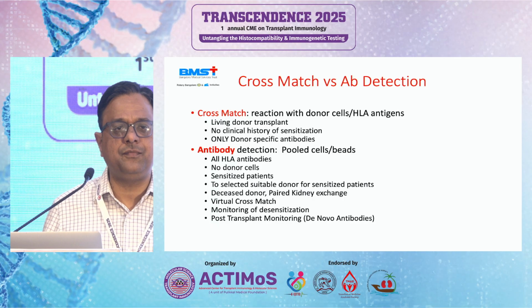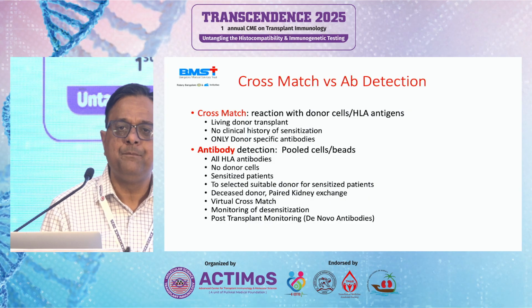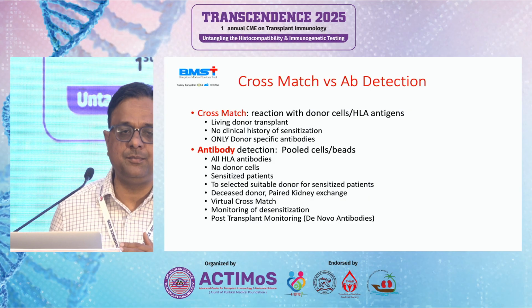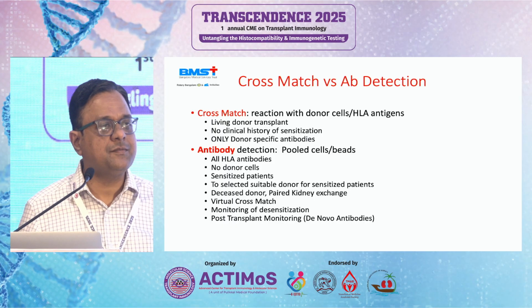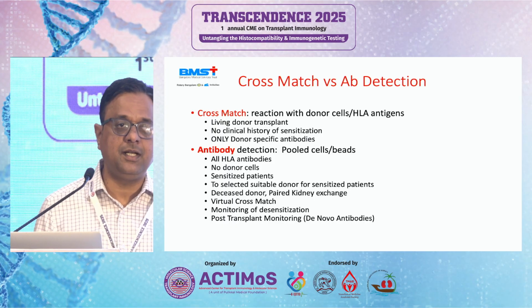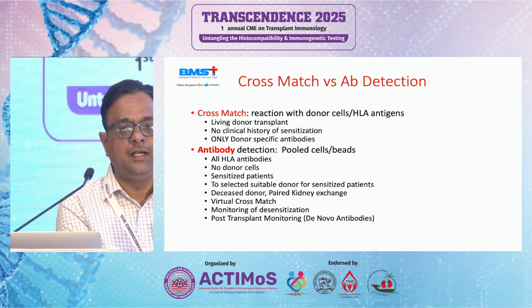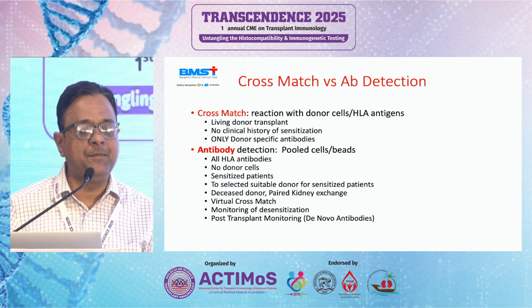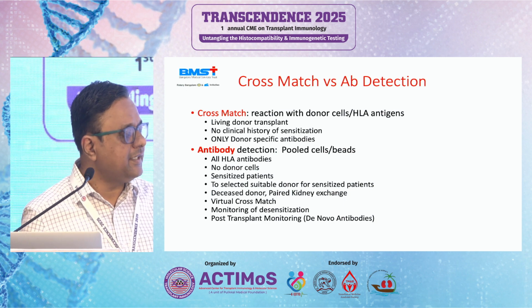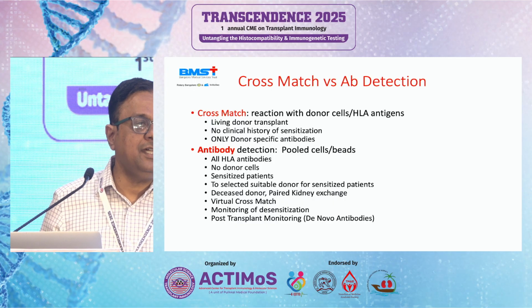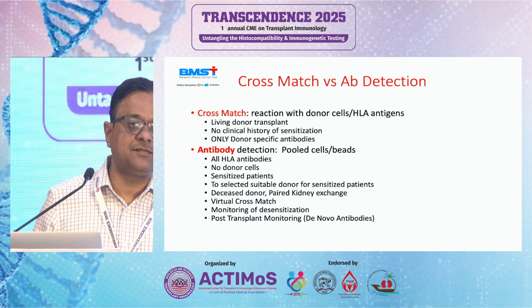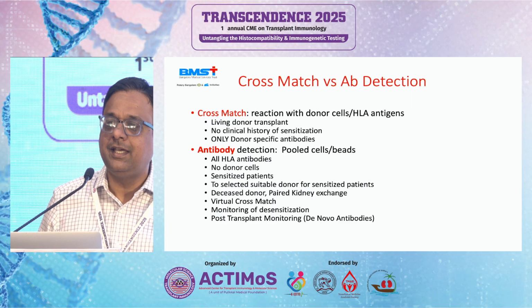There are 2 sets of antibody tests. One is called the cross matches, one is called antibody screen or identification kind of test. For cross match, we have to have a donor available, so we mix the donor and the patient samples and find out whether there is any donor specific antibody present or not. For antibody tests only, we really do not need any donor.